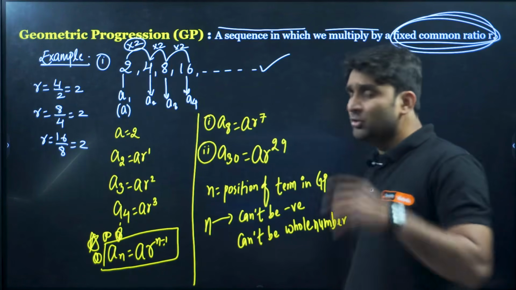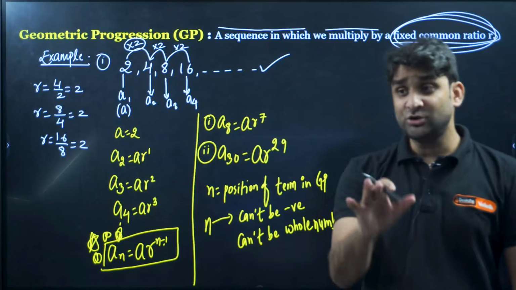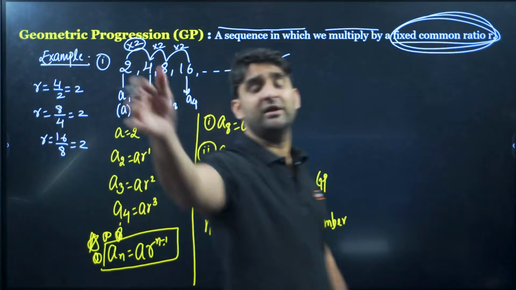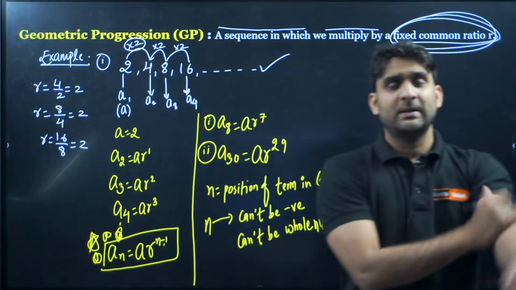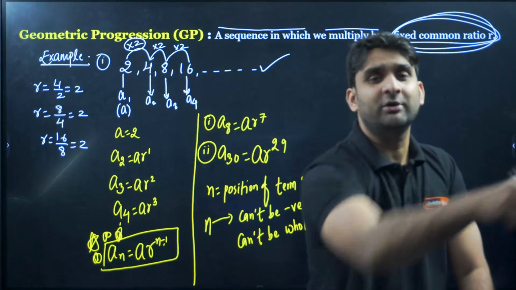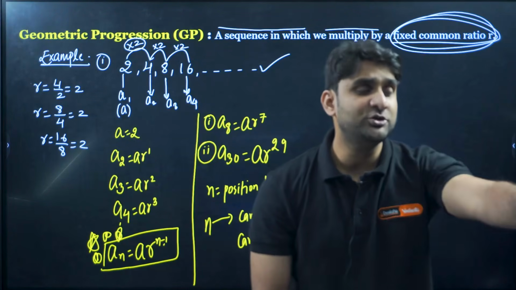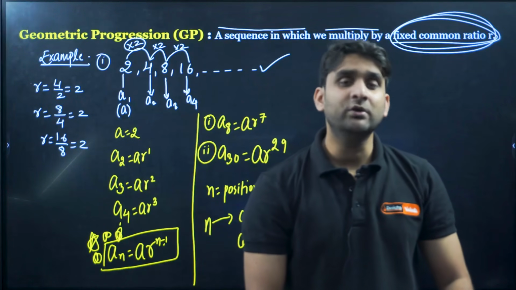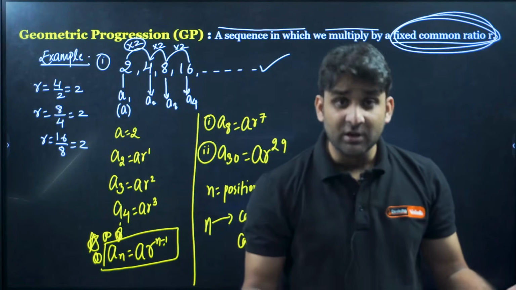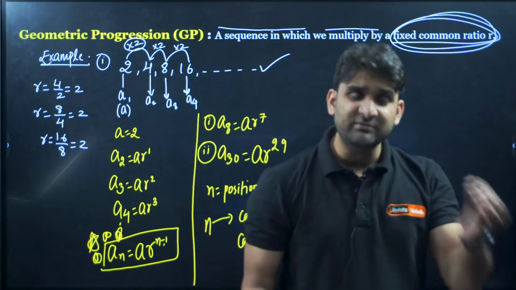If I ask you what is the position of that person, the position will always be a whole number. Sir, second position, third position, 10th position, 100th position. If you are sitting on the third bench in your class and I ask you the position of your bench, how will you reply? Sir, my position is 4.5? This is not possible. My position is 4/3? Not possible. The position will always be a whole number.